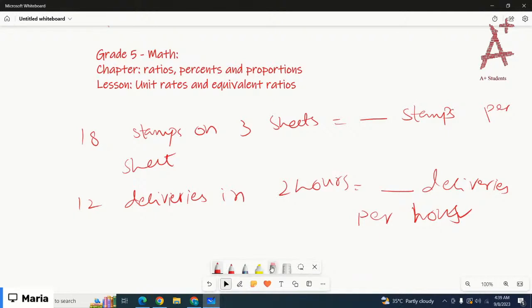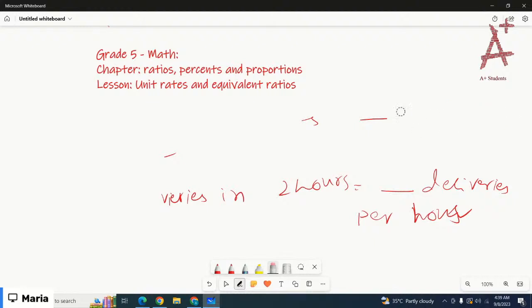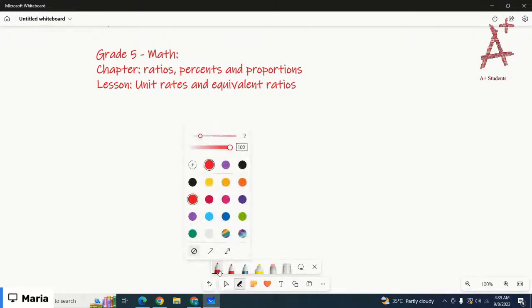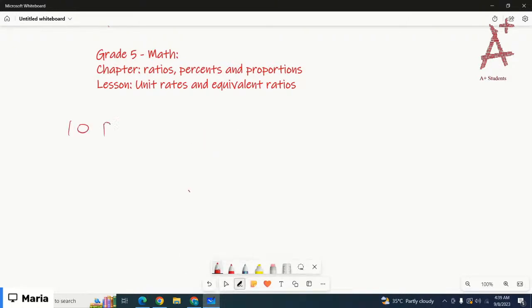Okay, the other example is 10 pages in 2 days.